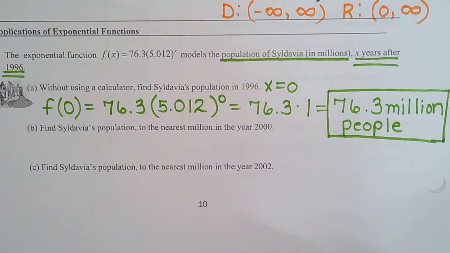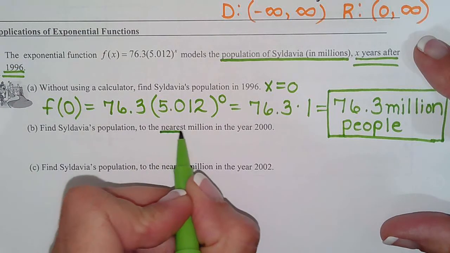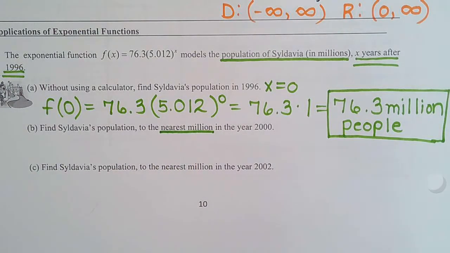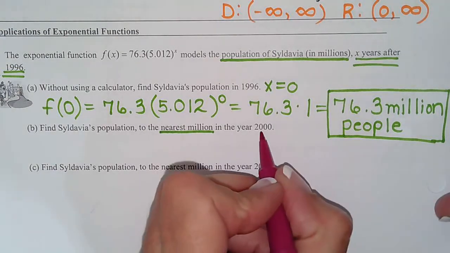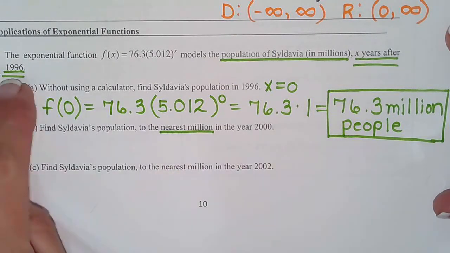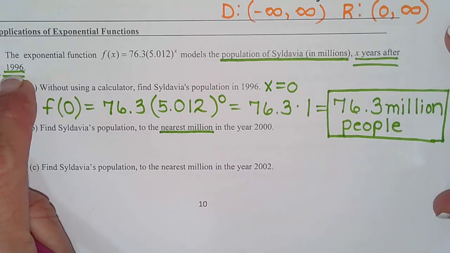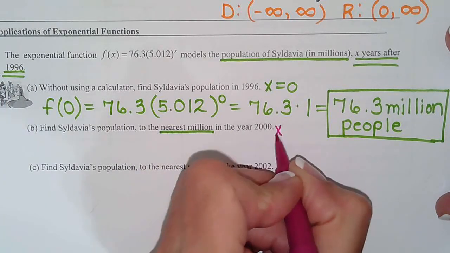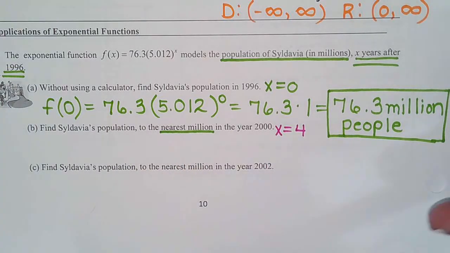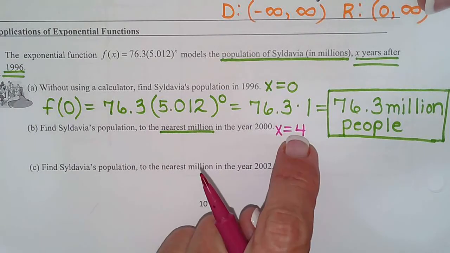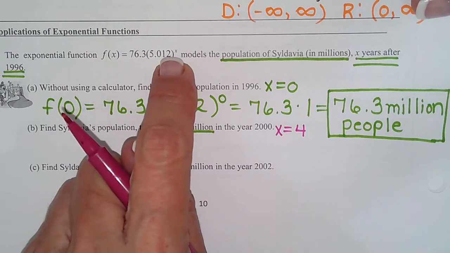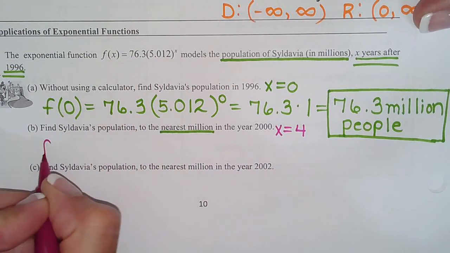Find Soldavia's population to the nearest million. This one is asking us to go to the nearest million in the year 2000. So what would x be for this one? How many years is 2000 after 1996? 4 years, right? This one we do get to use a calculator for. So go into the original function, and everywhere you see x, replace it with 4.